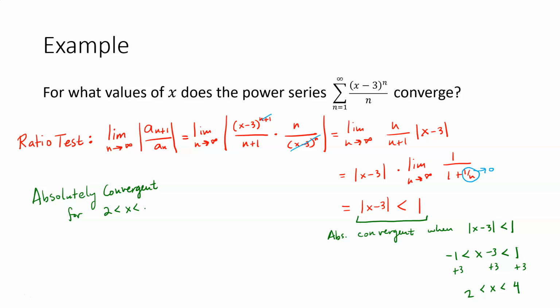But one thing we should also consider is, what about when this limit is equal to 1? Remember, in that case, the ratio test is actually inconclusive. So it's very possible that at the points that make this limit equal to 1, it converges at one of those points as well.